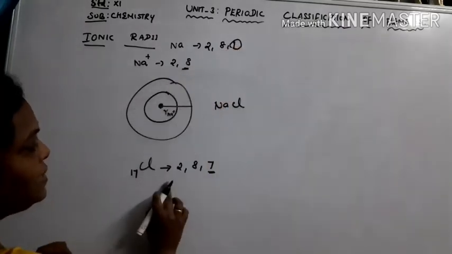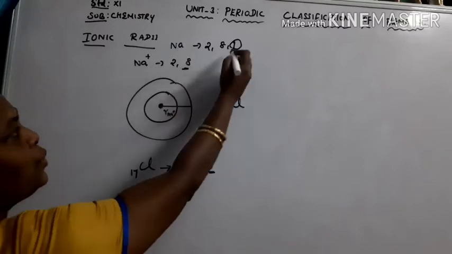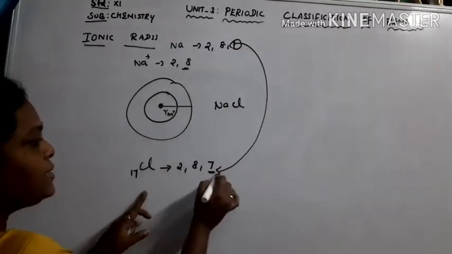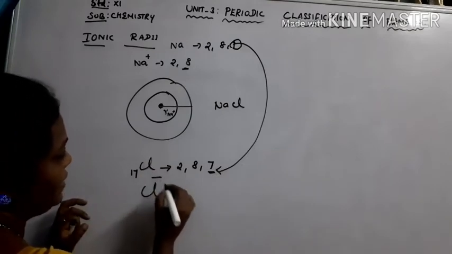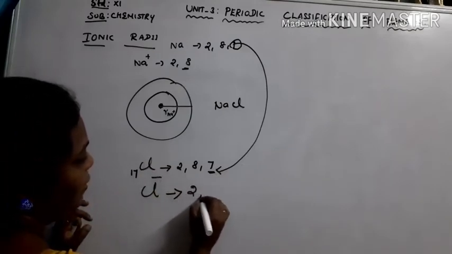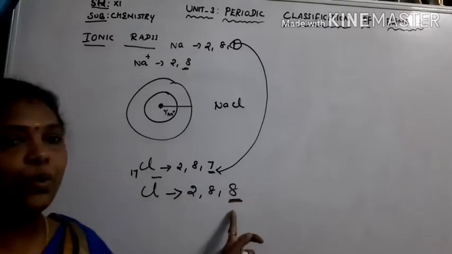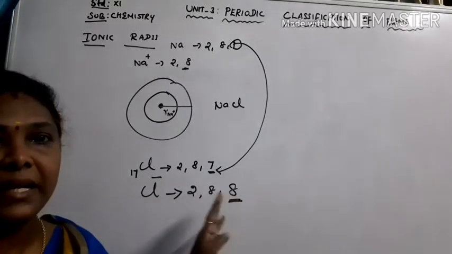When chlorine combines with sodium, the electron lost by sodium is gained by chlorine, forming Cl-. Now it becomes 2, 8, 8, with 8 electrons in the valence shell, so it also attains inert gas configuration.